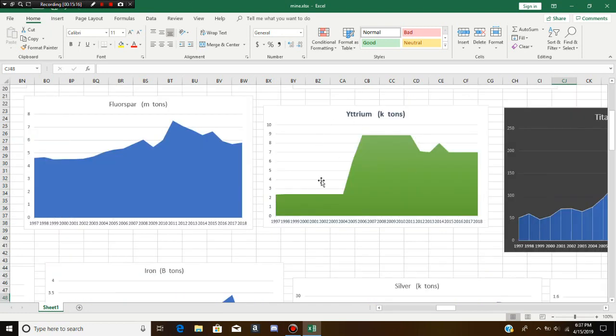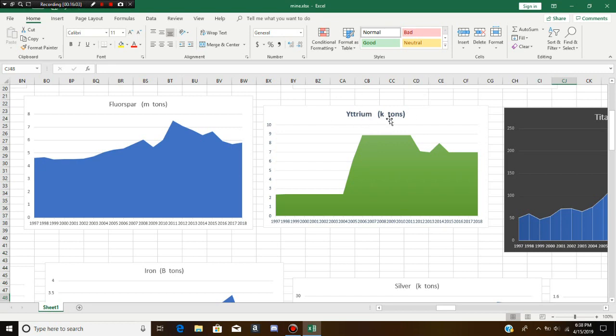Down here we have yttrium, which is another rare earth material, and which is part of what makes LEDs, the lights that we've all switched over to now for the sake of energy efficiency. LEDs, at least the common ones, use a particular metal diode by the acronym of YAG, Y-A-G, which is yttrium, arsenic, gallium.